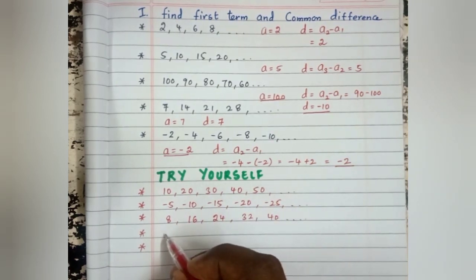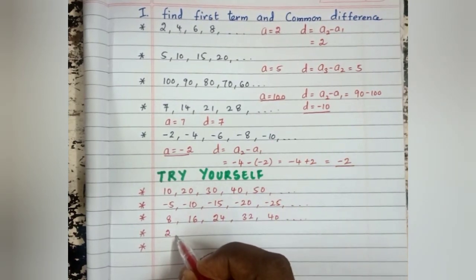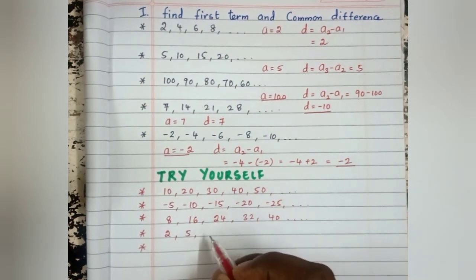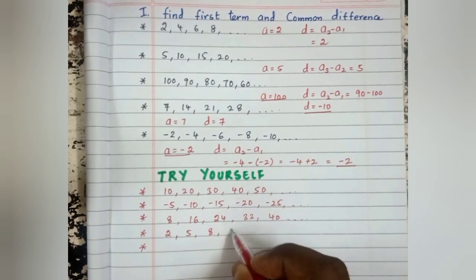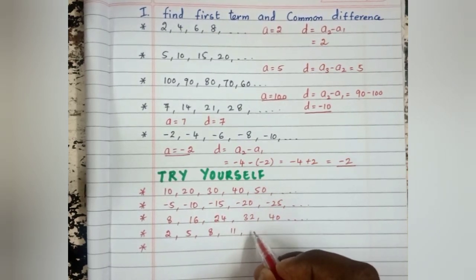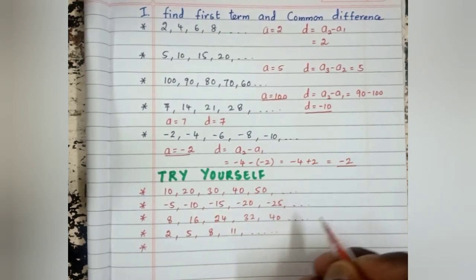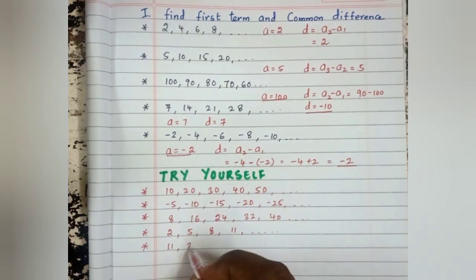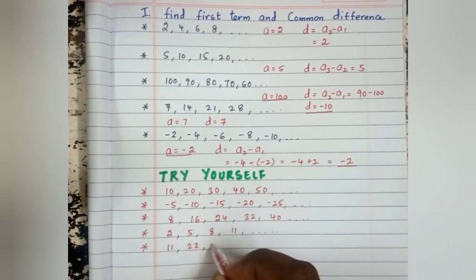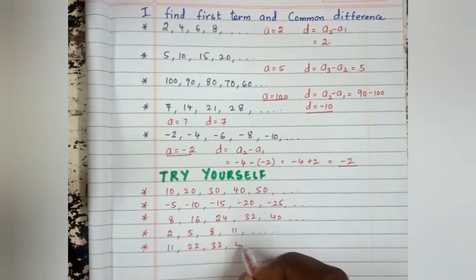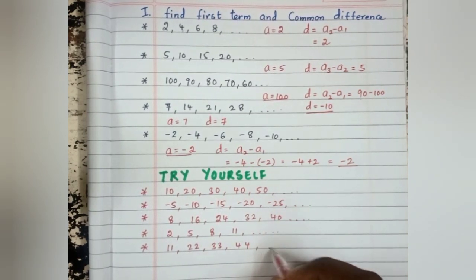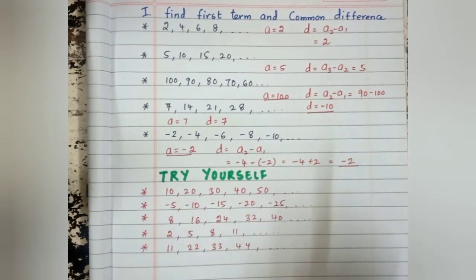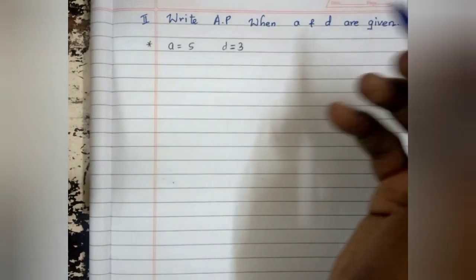Fourth question, 2, 5, 8, 11 and it goes on. Try finding A and D yourself. Then fifth problem, 11, 22, 33, 44, and it goes on. Try this problem by yourself, finding A and the common difference.